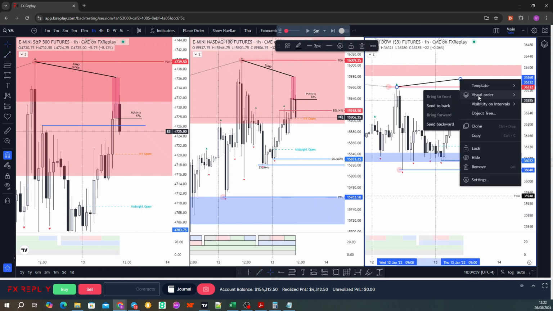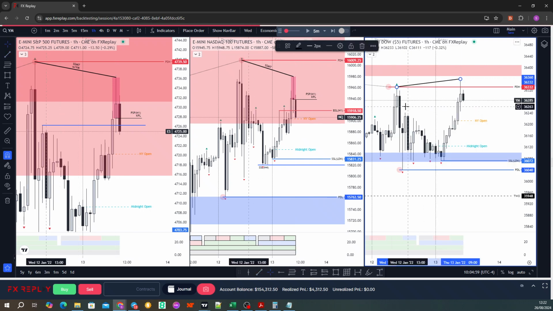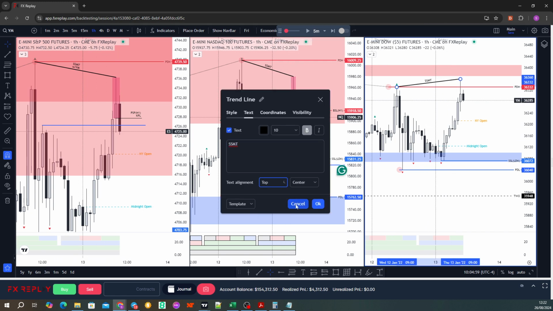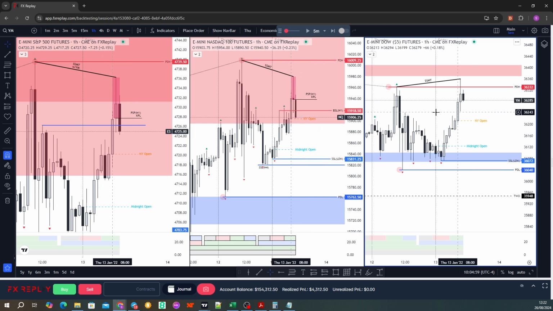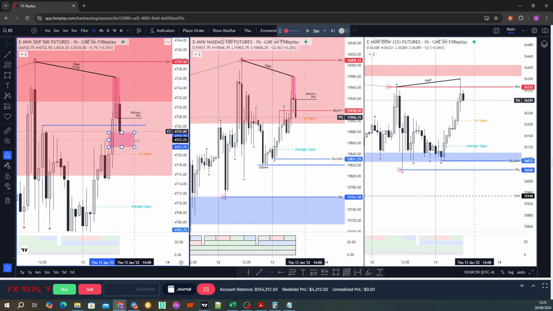Now, this is not to say, because one of the areas that we haven't referenced yet is this area. Price can come and find support here.